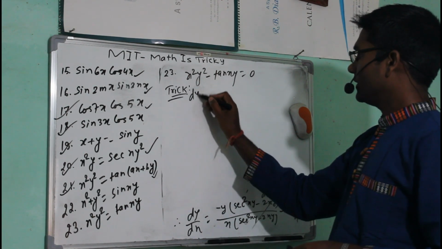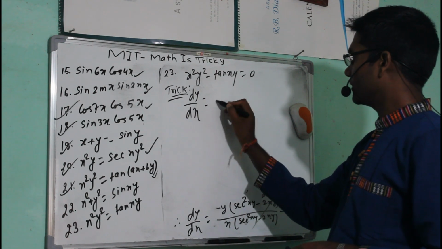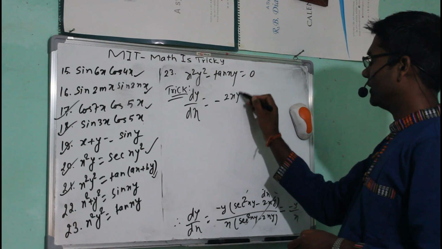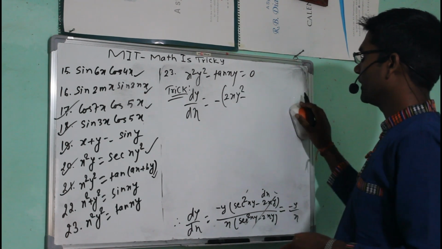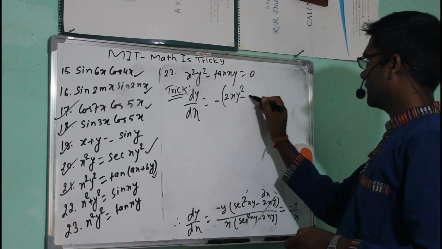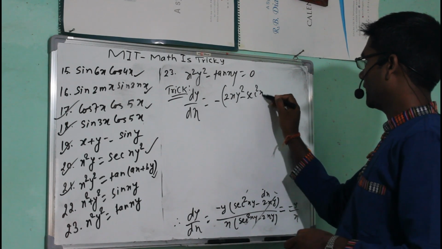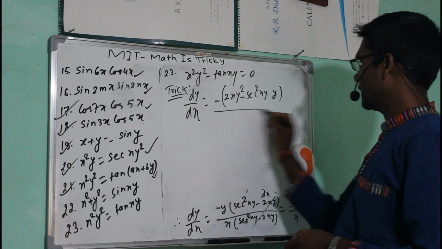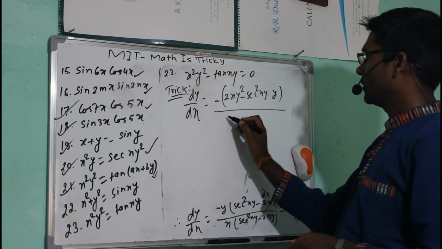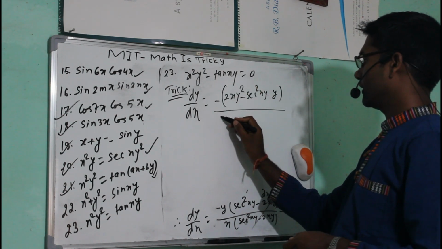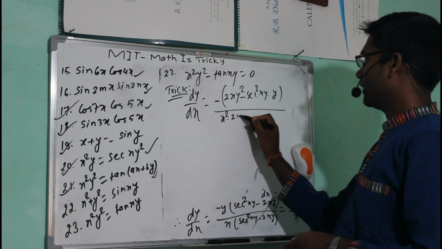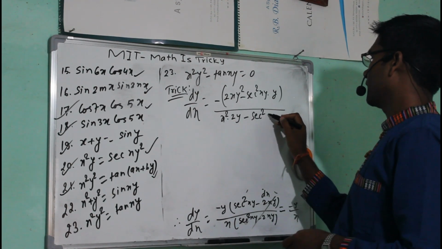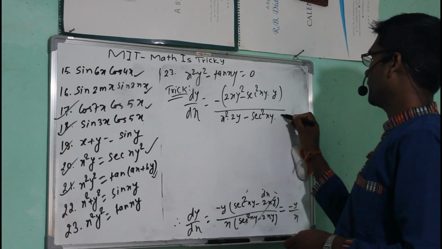So dy by dx, our formula is always minus. Let's differentiate with respect to x, so 2xy square, minus the derivative of 10, which is sec square xy, the derivative of xy with respect to y will be simply x, so it is x square 2y minus sec square xy into x.